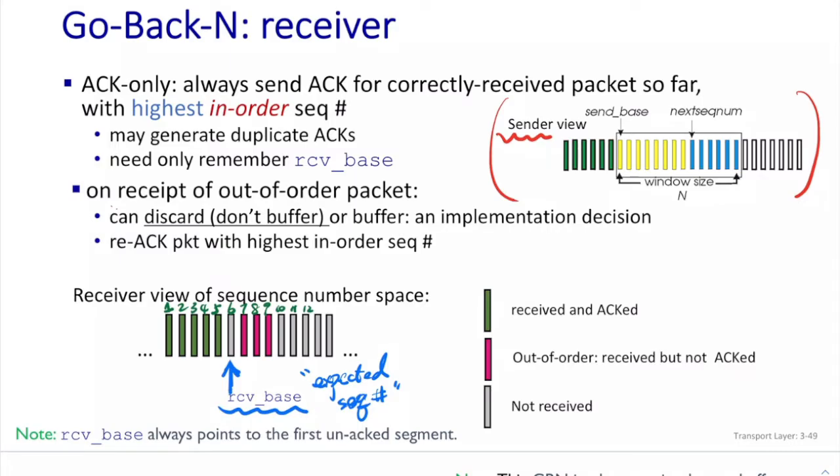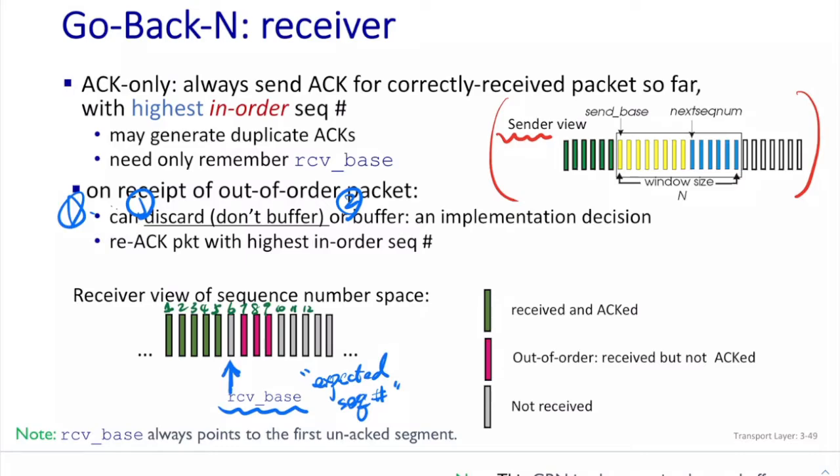But there's one interesting thing here: when the receiver gets an out of order packet, it has two different implementations. One is to discard D7, D8, and D9 and not buffer them. The second implementation is that I can buffer D7, 8, and 9.